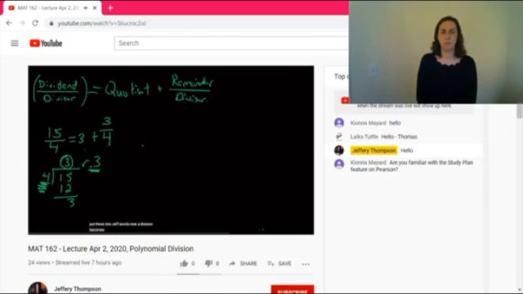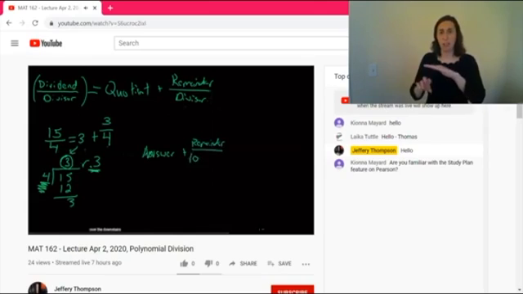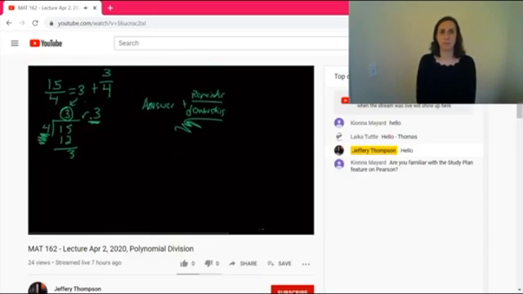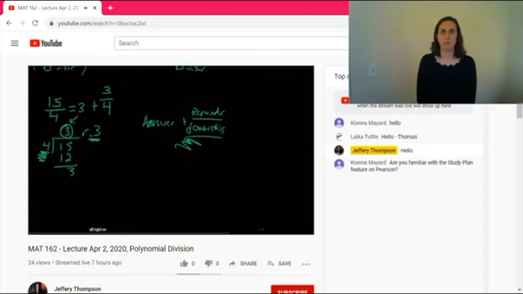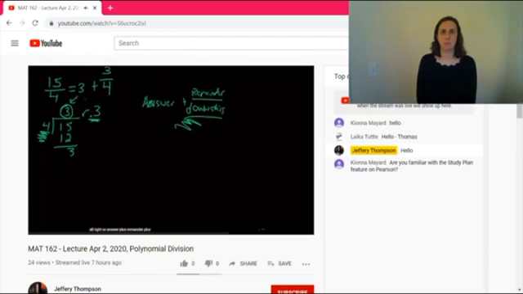A division becomes the answer plus the remainder over the downstairs. All right, so answer plus remainder over downstairs.